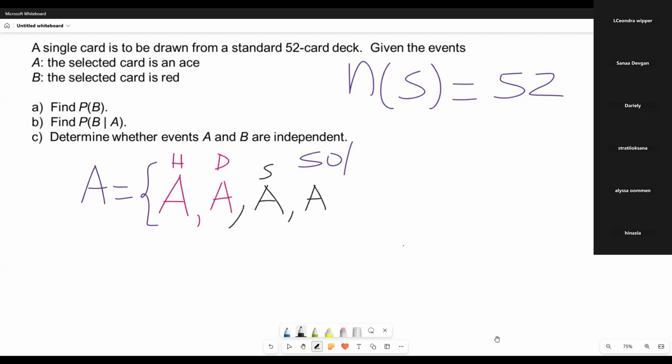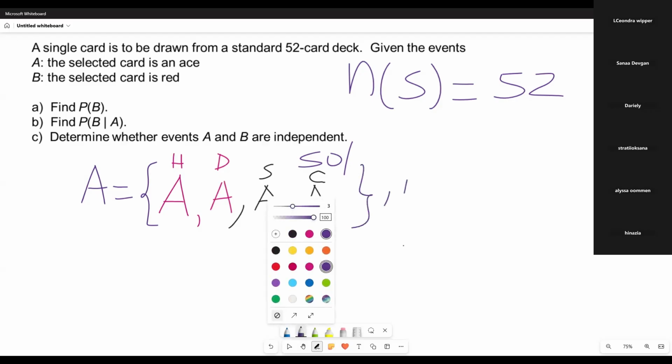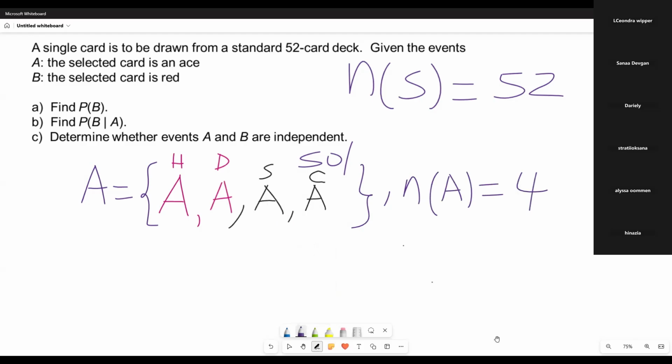We've got ace of heart, ace of diamond, ace of spade, okay, ace of club. So here you have N of A equal to 4. Got it?